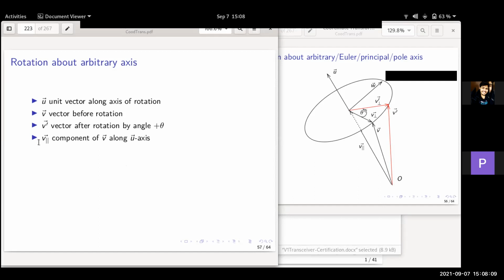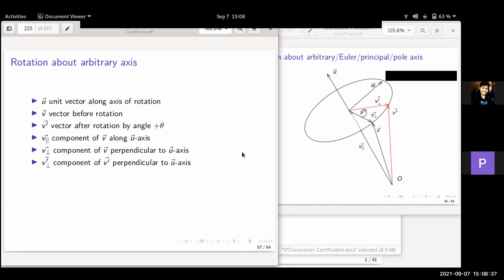This is the notation for the component of v along the axis u. Let v perp represent the component of v which is perpendicular to the axis u. In the figure, observe that it lies along the plane which is represented here. The plane is also spanned by other vectors. We will discuss that as we move along.